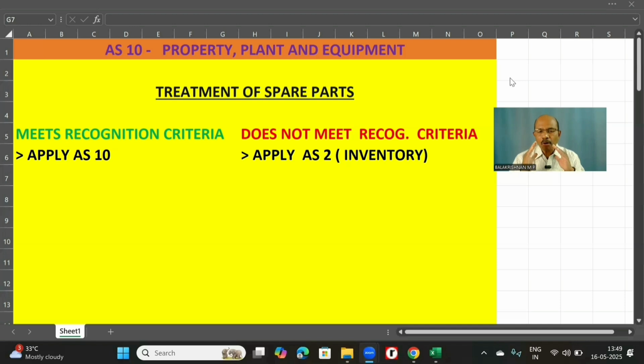Example, nuts, bolts, filters, lubricants, etc. Used regularly in machines, they're inventory, not PPE. So once capitalized as PPE, depreciation must be charged over the useful life of the spare parts or over the remaining life of the main asset, whichever is shorter.